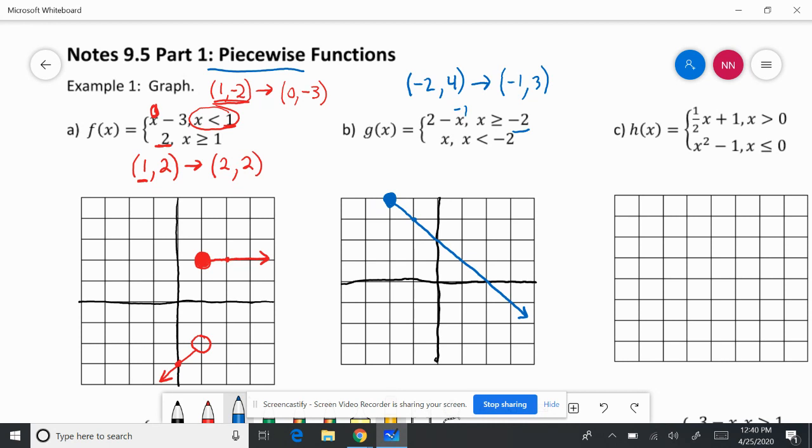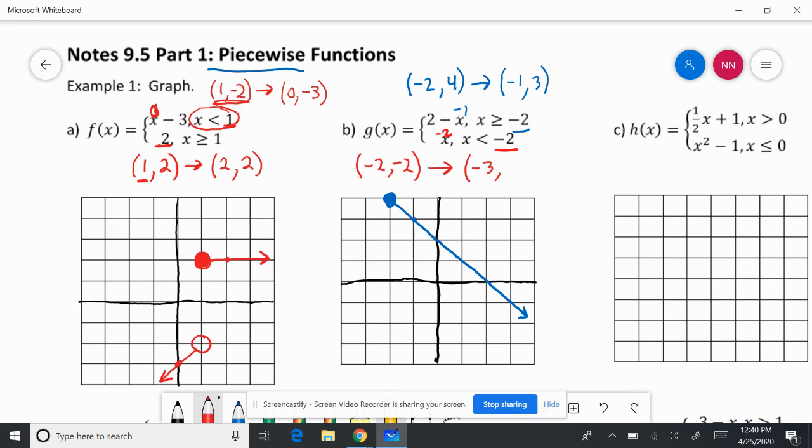Now I'm going to look at my second part. Once again, it starts at negative 2. So my first point is at negative 2. I'm going to plug the negative 2 into this equation. This is pretty easy because it's always the same. Since it's less than negative 2, I am going to pick a point less than negative 2, like negative 3.